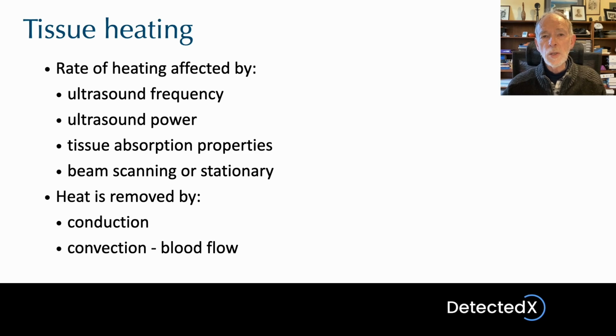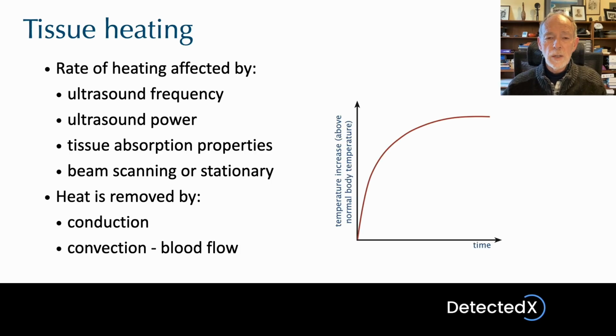So we have two processes. The tissue is being heated on the one hand by the ultrasound, and the tissue is being cooled by conduction and convection. Those two will reach a point where they're in equilibrium, and then the tissues won't heat any further. So the heating process looks rather like this. We have an initial rapid rise, and then the temperature plateaus.